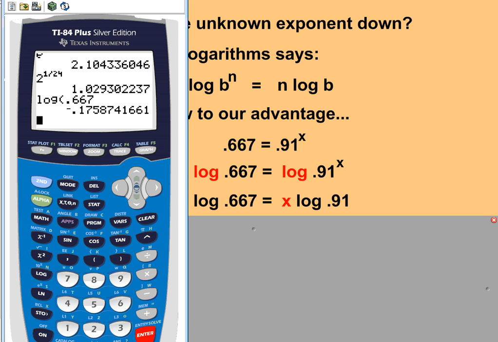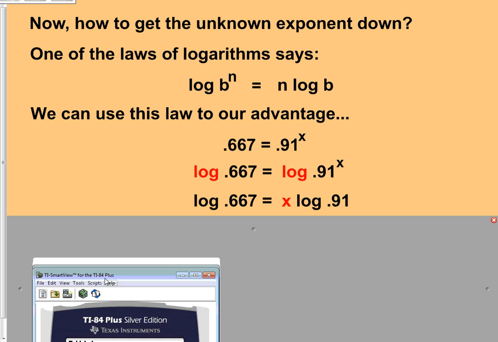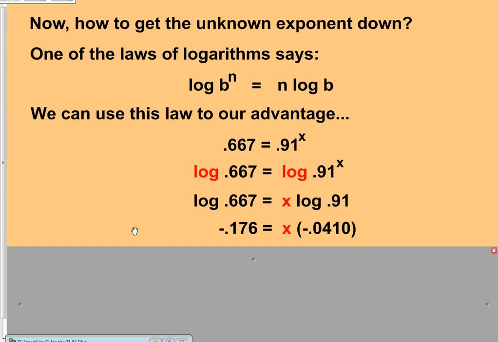Log of 0.667 is negative 0.1758, and so on. And over on the right side, the logarithm of 0.91 is simply a number, negative 0.040958, and so on. So these are just numbers, and we can convert them in the problem to the numbers that they are. We will absolutely need the assistance of our calculator to do that.